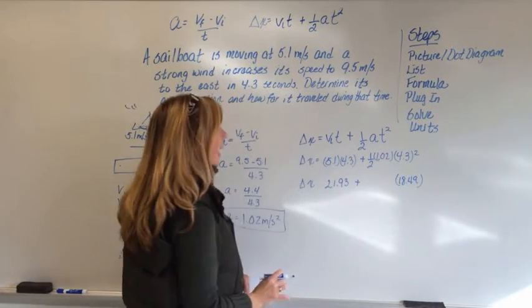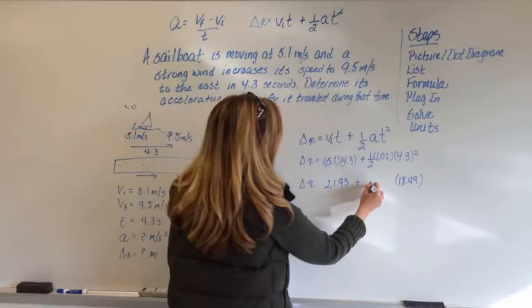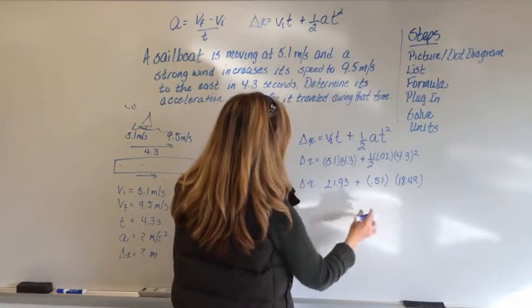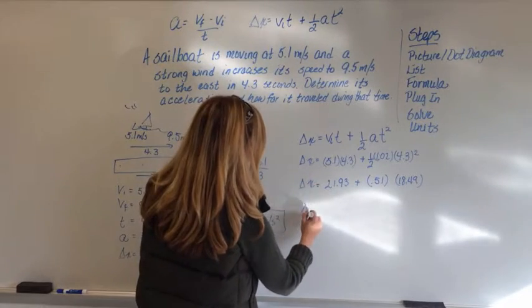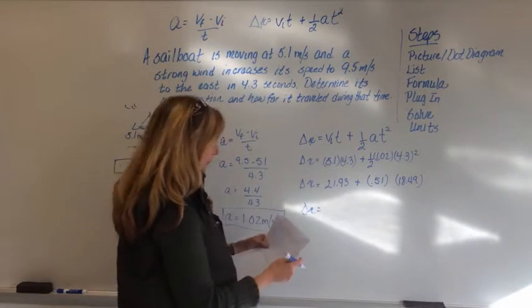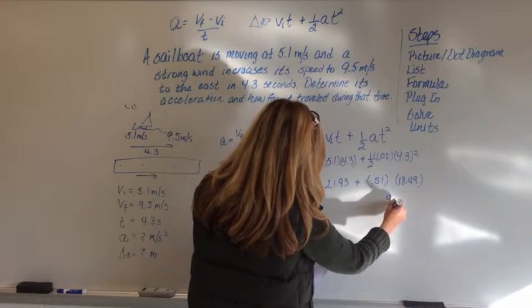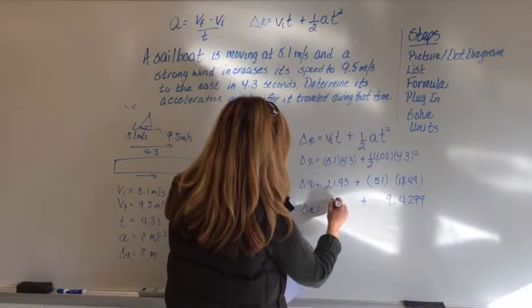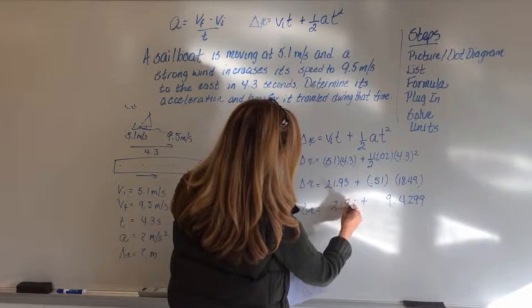We'll take 1/2 of our acceleration, which is 0.51. Multiplying 0.51 times 18.49, we get 9.4299. To that, we are going to add 21.93.